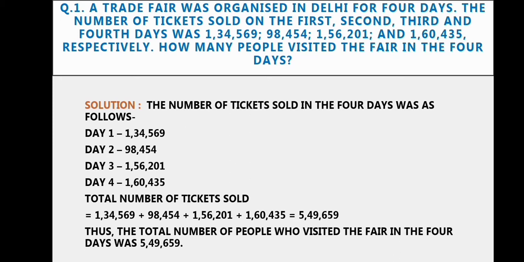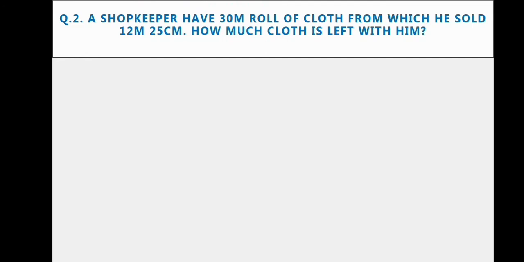Total number of tickets sold means we have to add all these. And the sum is 5,49,659. Thus, the total number of people who visited the fair in the 4 days was 5,49,659. So, let's move to our second question.